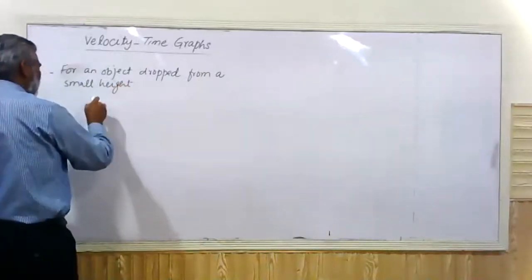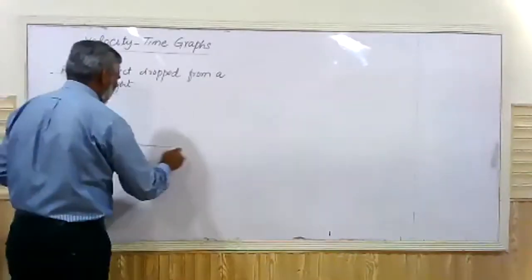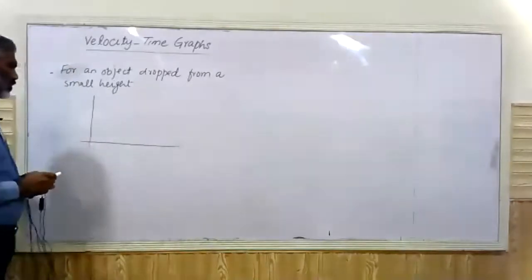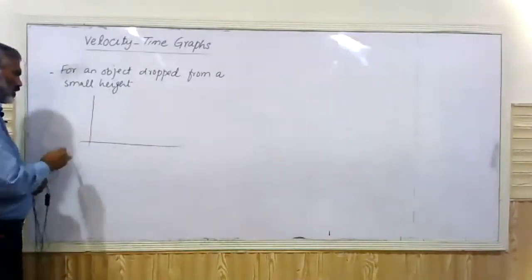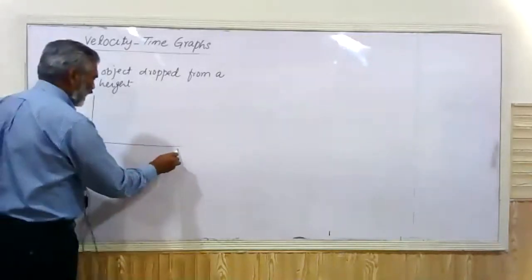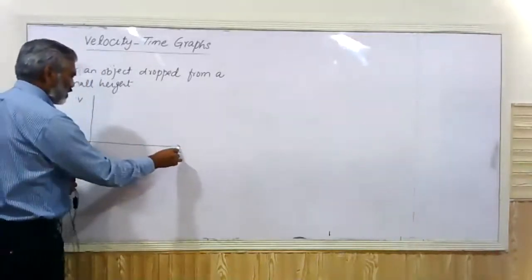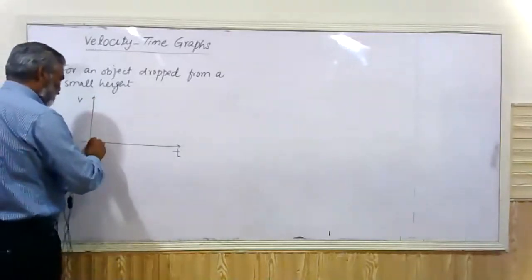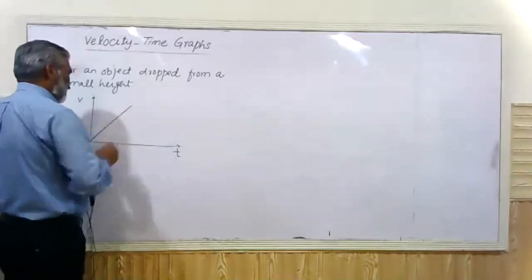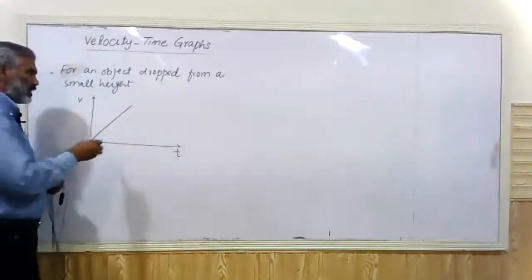Because the object is dropped, the initial velocity is 0, so the object must start from the origin. So V and T written on these two axes, and this is expected to be a straight line because the acceleration is constant.